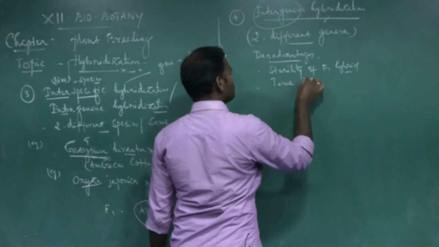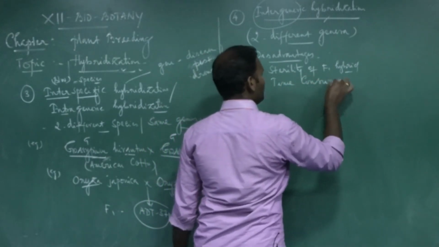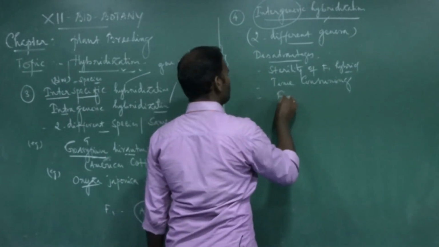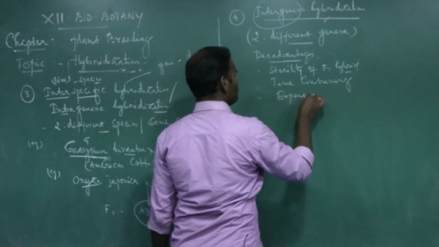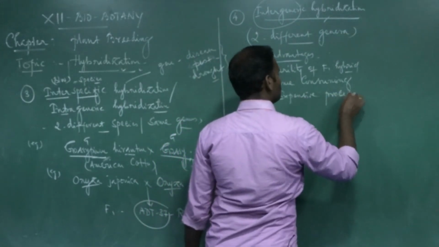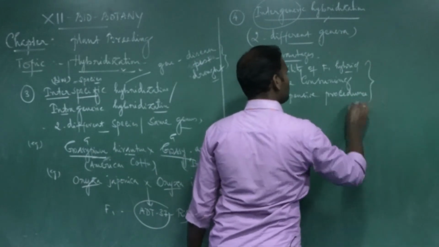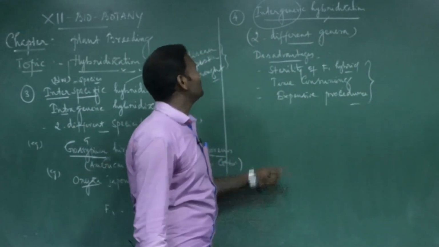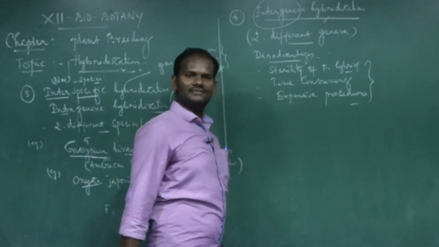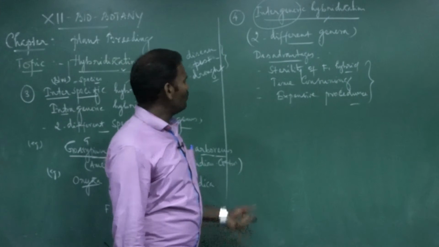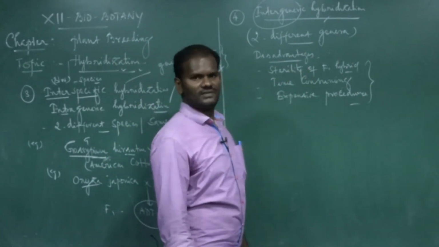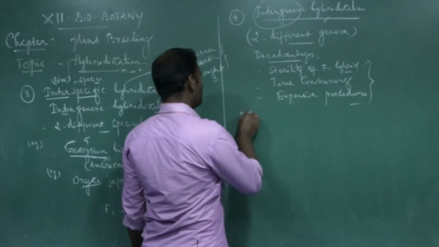Next, it is an expensive procedure, with a lot of procedures. These are the disadvantages of intergeneric hybridization, because two different genera are crossed. It is difficult, and of course the F1 hybrid is sterile.